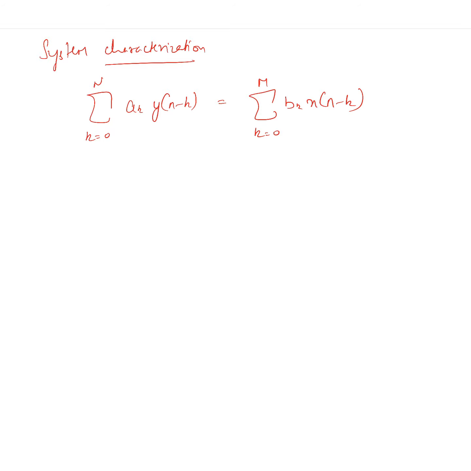But how to realize a given difference equation, what would be the computational structures for them? And second, there are some coefficients, some parameters, a_k and b_k, N number of a and M number of b in this generic difference equation.